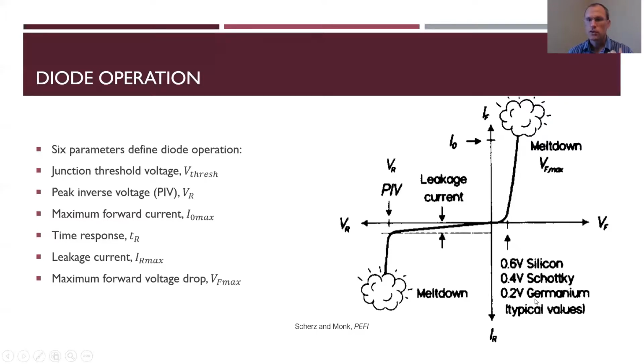Different types of diodes have different threshold voltages. In terms of current on the y-axis, nothing really happens until I hit this value of the threshold voltage, and then it lets pretty much all the current through fairly quickly.